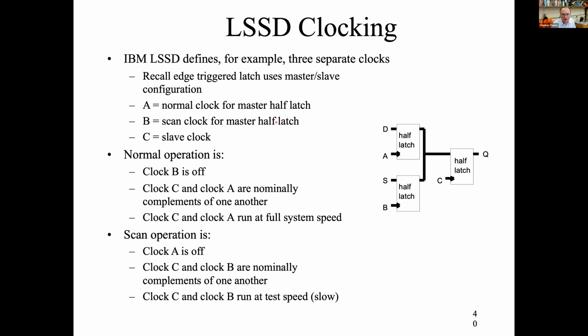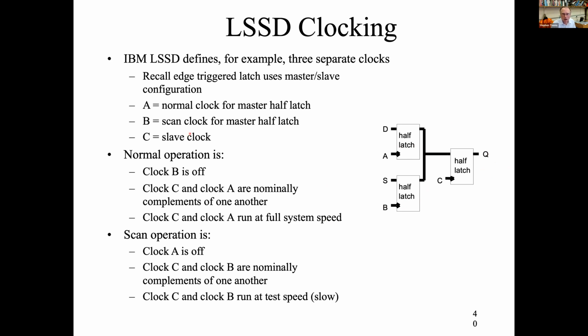And the way to think about this is that each is a level sensitive latch, but 2 of them together make an edge sensitive latch, and those 2 make another edge sensitive latch. And so you're essentially choosing either this one or this one.